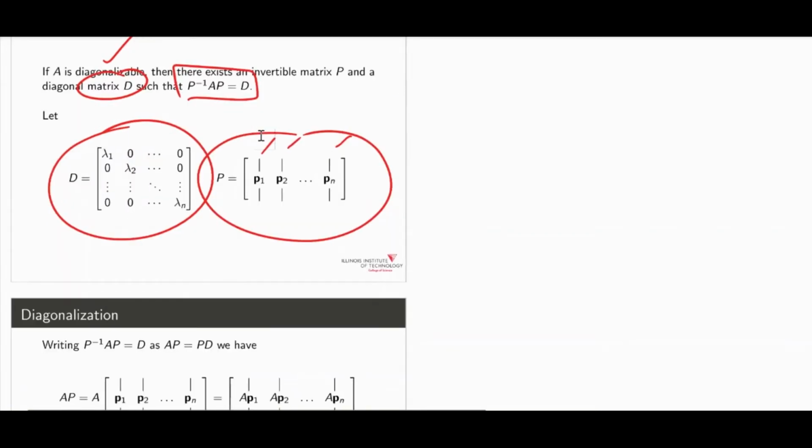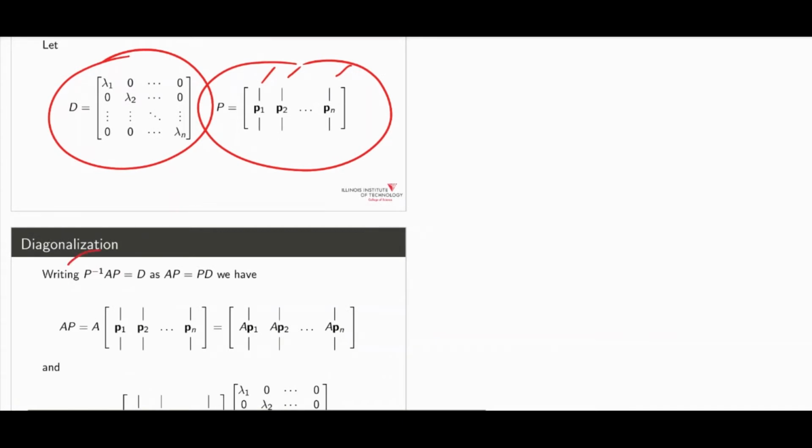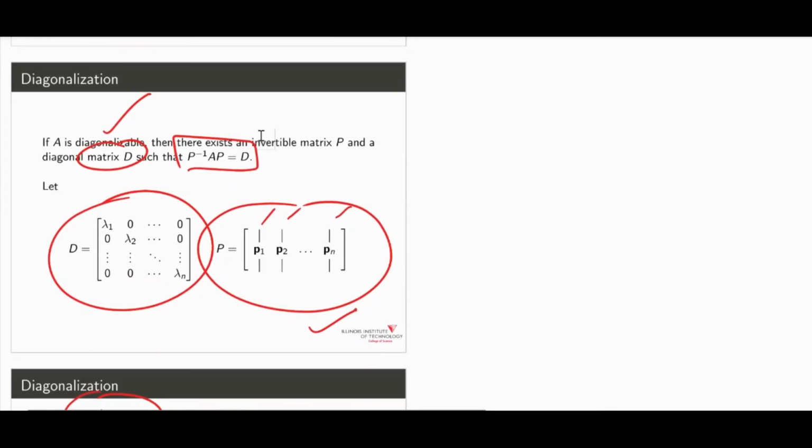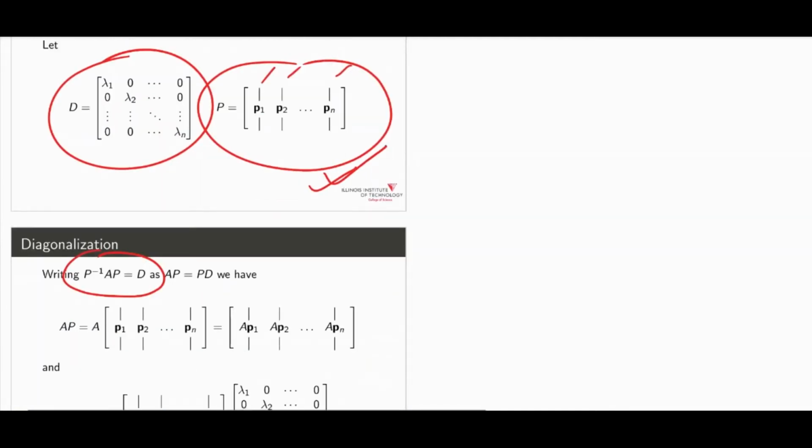So we know that P inverse AP equals D, and P is invertible by hypothesis, because A being diagonalizable means there is such an invertible matrix.